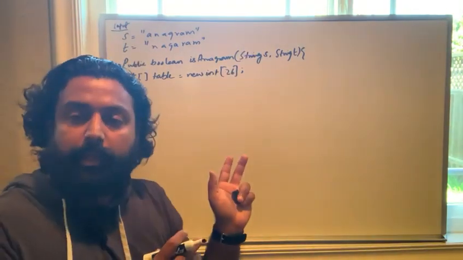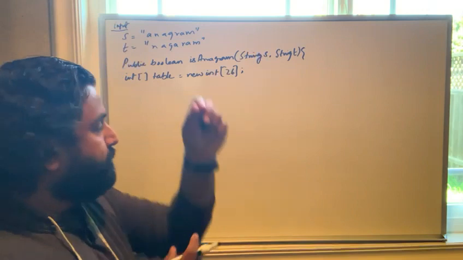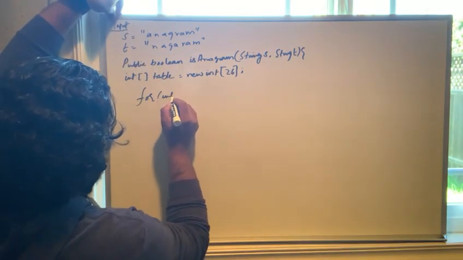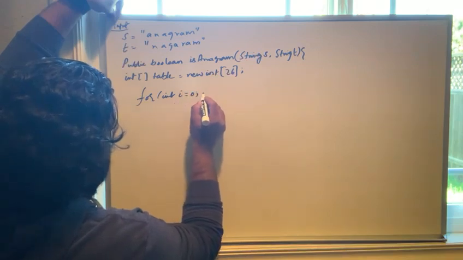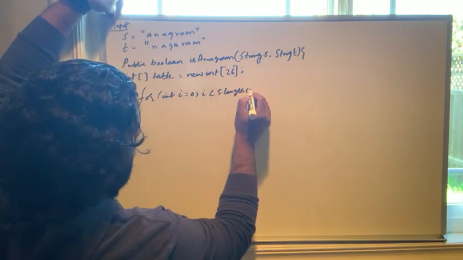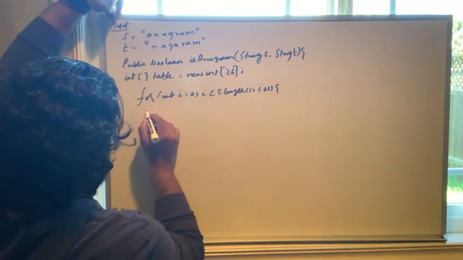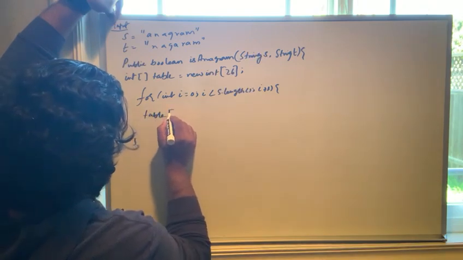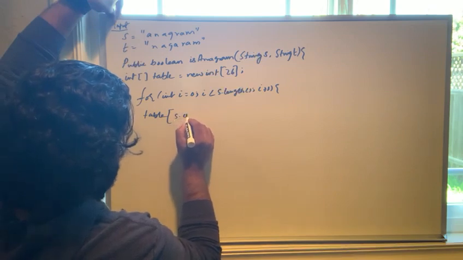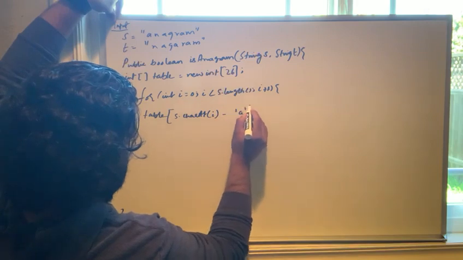So let us look at the pseudocode and the algorithm. So for int i equal to 0, i less than s.length, i plus plus, we're saying table of s.charAt(i) minus 'a'.